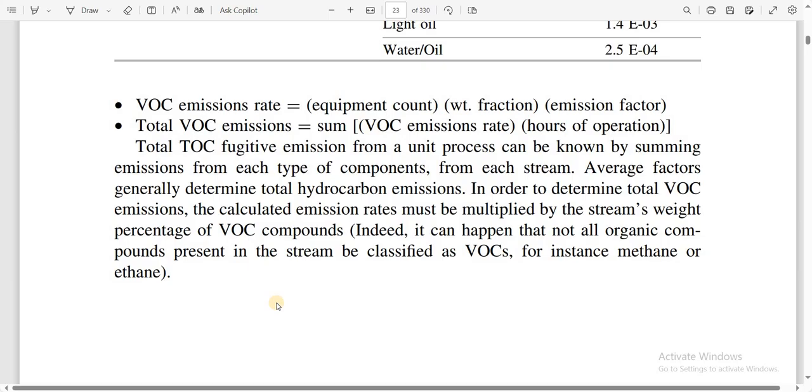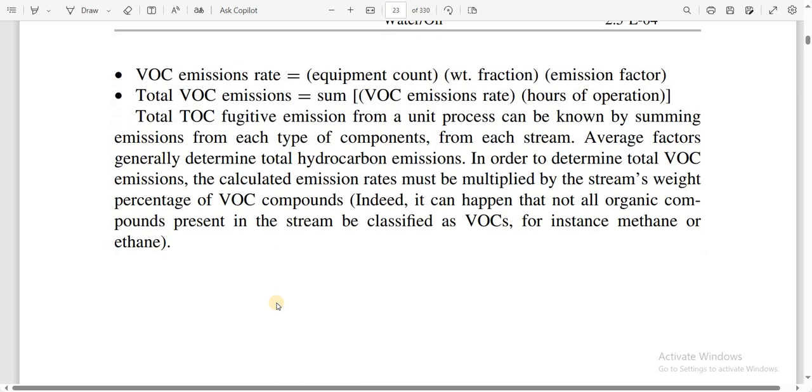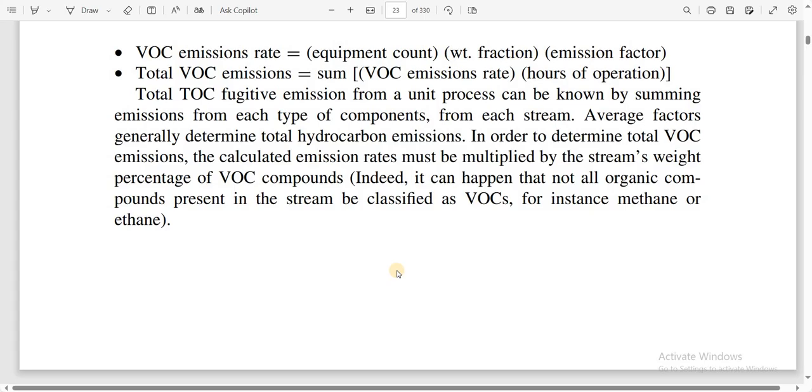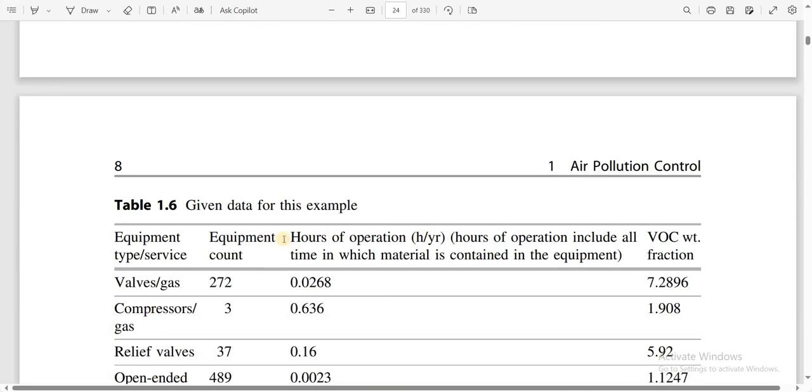Average factors generally determine total hydrocarbon emission. In order to determine total VOC emissions, the calculated emission rate must be multiplied by the stream weight percentage of VOC compounds. Indeed, it can happen that not all organic compounds present in the stream are classified as VOCs, for instance methane or ethane.